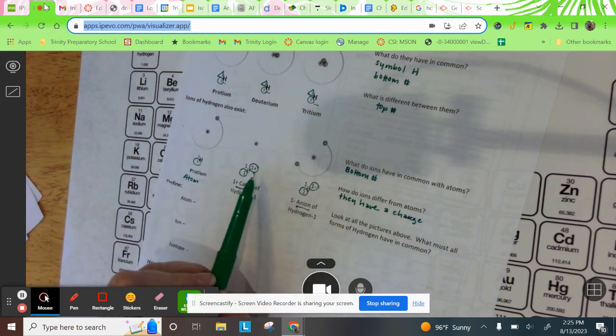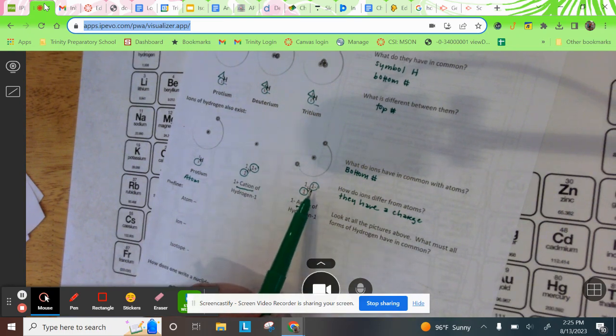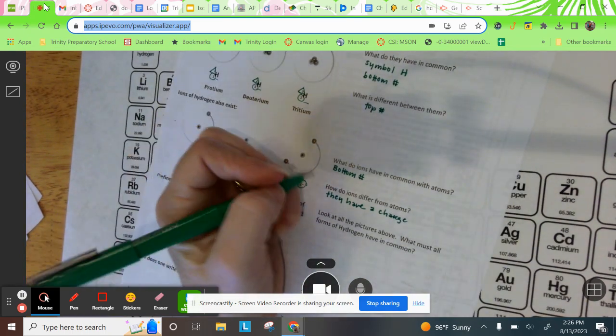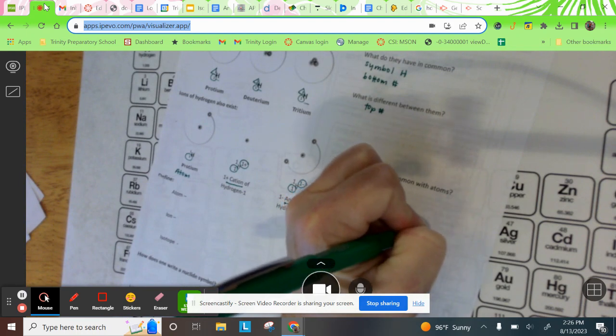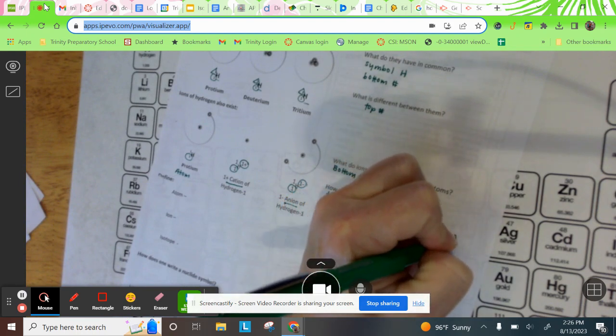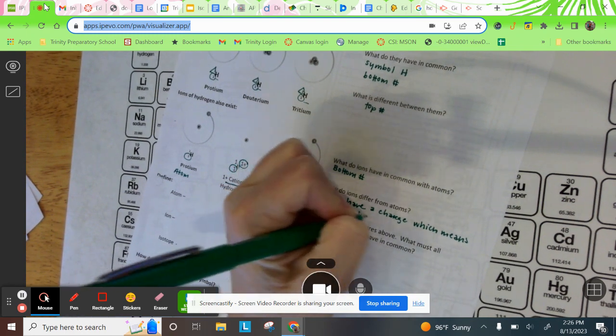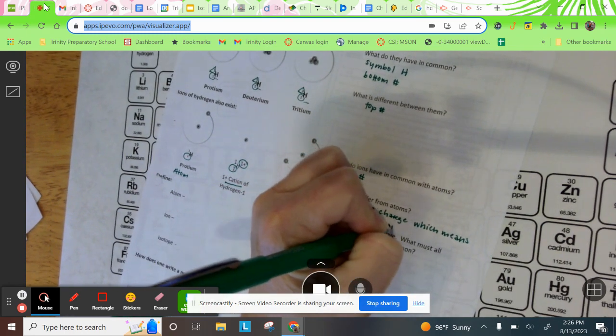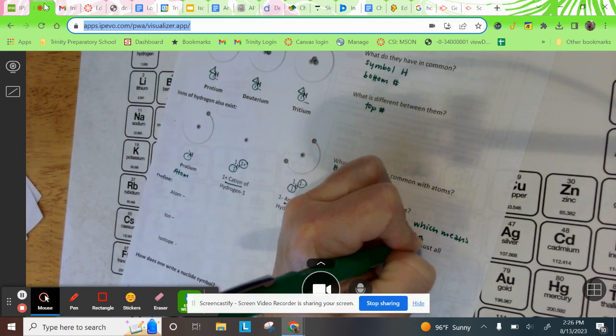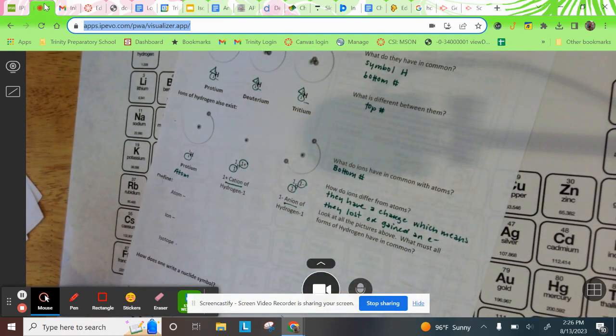So here, remember the electrons are negative, this means it lost an electron, and this guy gained an electron. And so we're going to put here they have a charge, which means they lost or gained an electron. Okay?